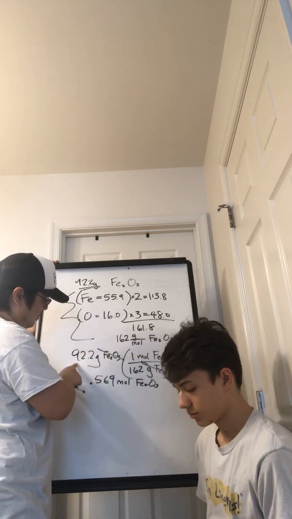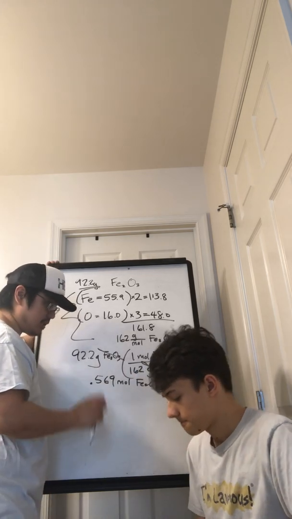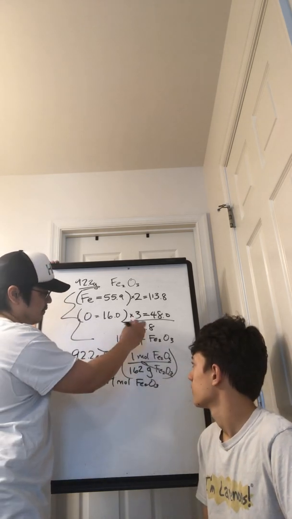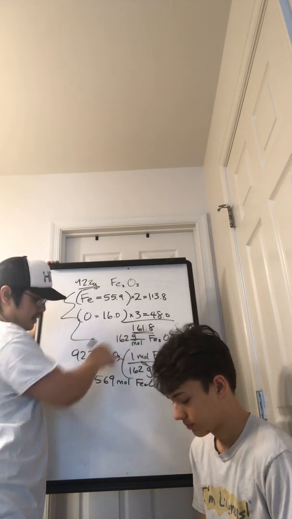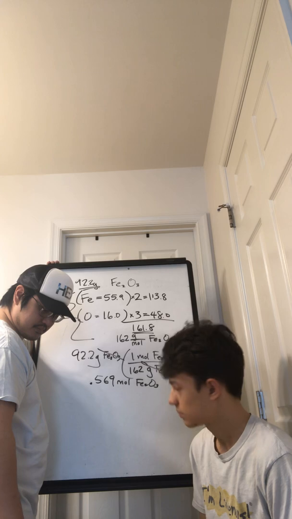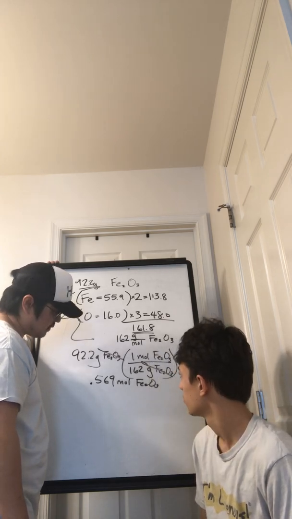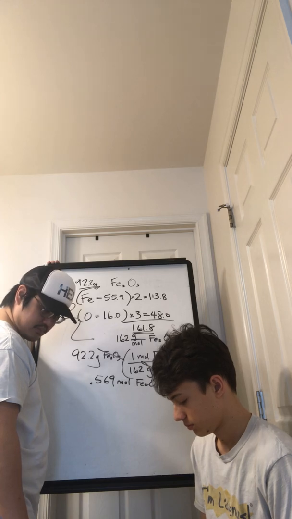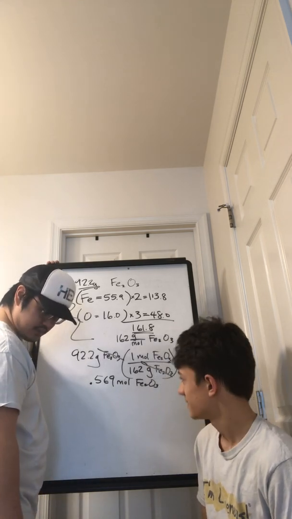What is 92.2 divided by 161.8? It might change the answer just a little bit. Okay. Divide that number by that number. No. 0.569. The same.